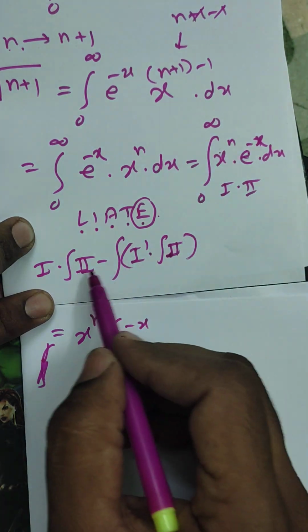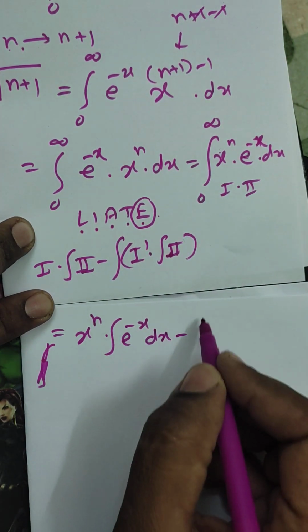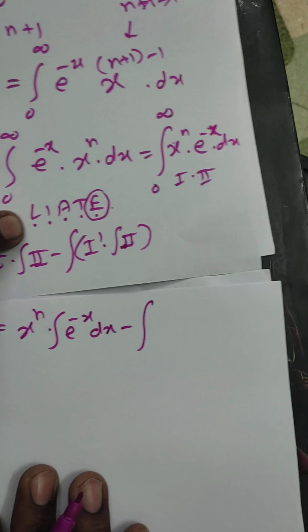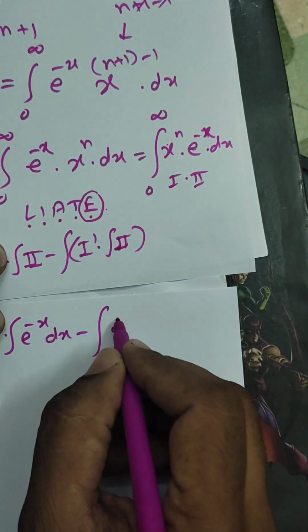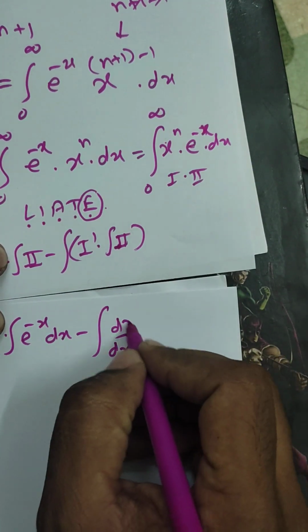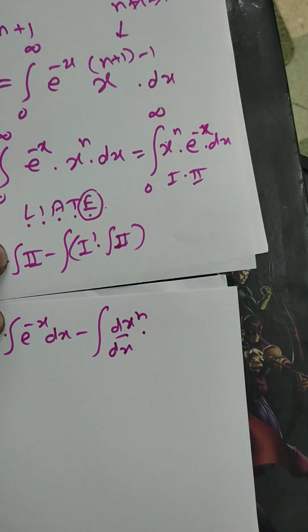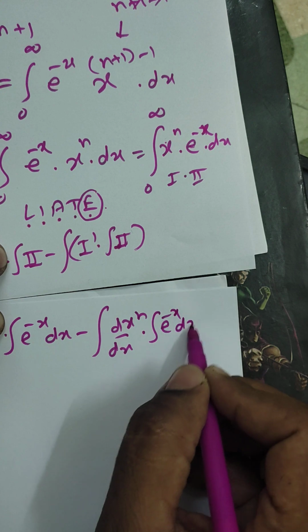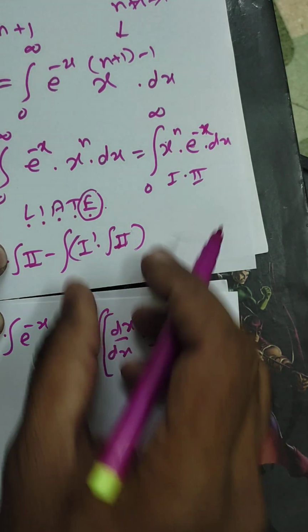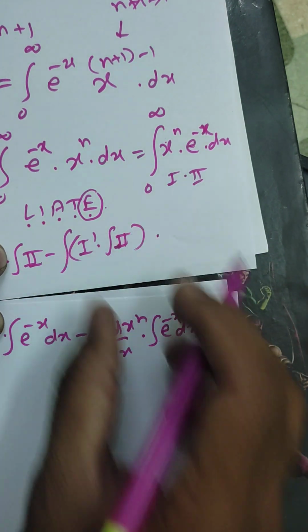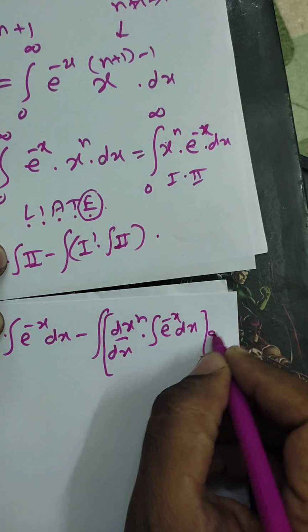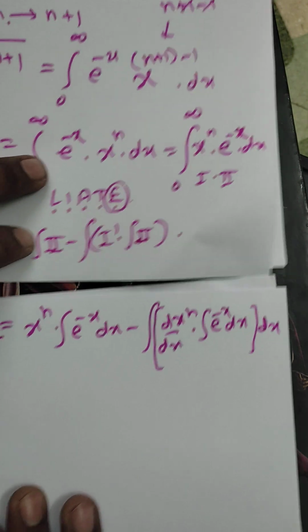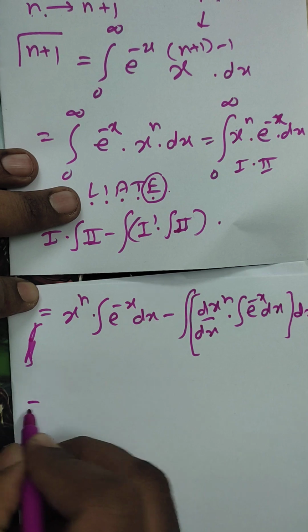First as it is, integration of second, minus integration of derivative of first: the d dx of x raised to n, into integration of second, e raised to minus x into dx, and the whole is again a big integration. So that is dx. Now solve it again.